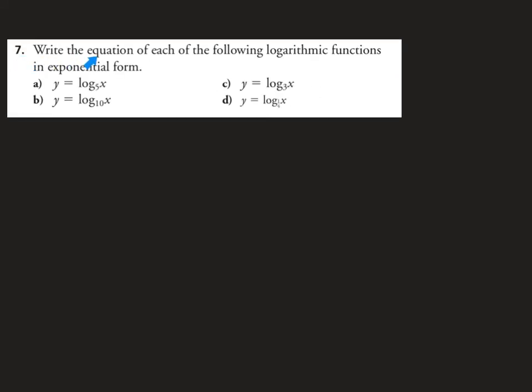All right, number 7, write the equation of each of the following log functions in exponential form. All right, A, so y equals log, so it's base 5, so we're going to say 5 to the power of y equals x.